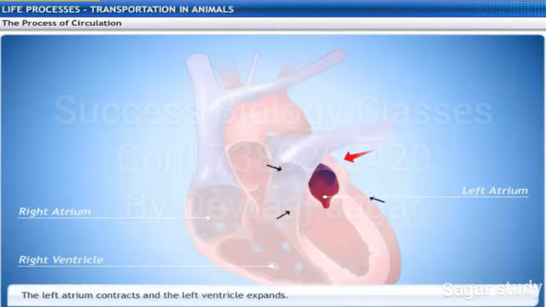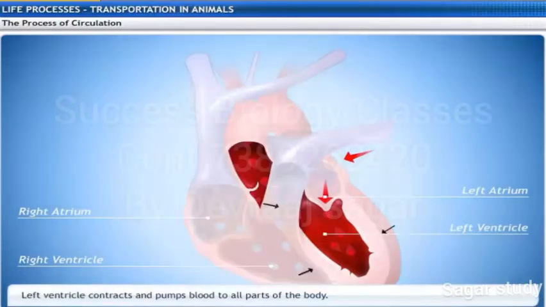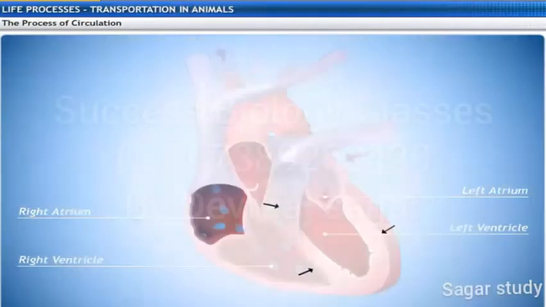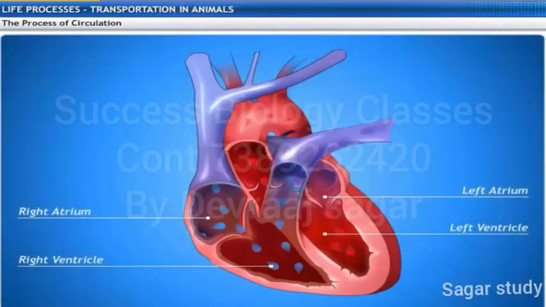It then contracts, while the left ventricle expands so that the blood is transferred to it. Now the muscular left ventricle contracts in order to pump blood to all parts of the body. Deoxygenated blood from different parts of the body flows into the right atrium of the heart once again. This is how the heart helps in the circulation of blood.